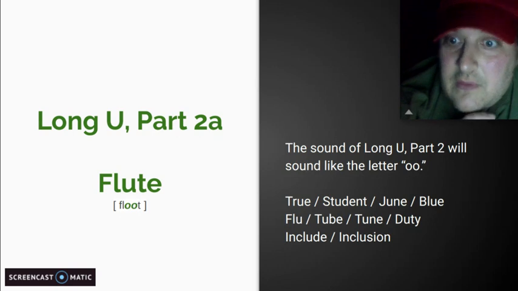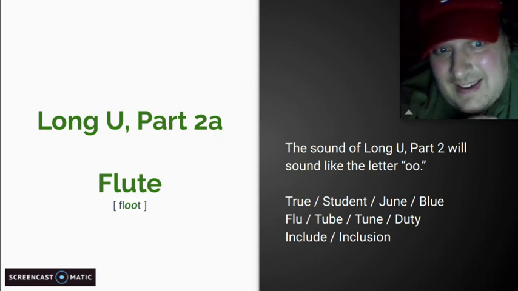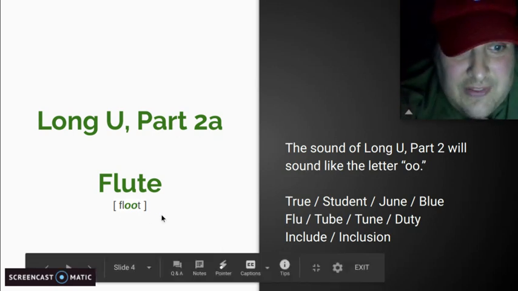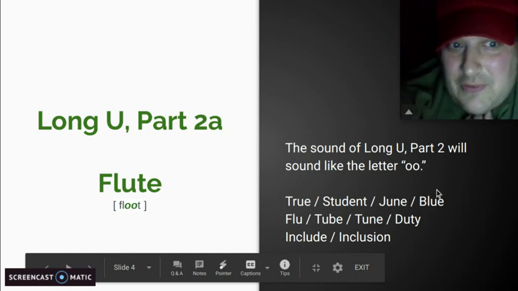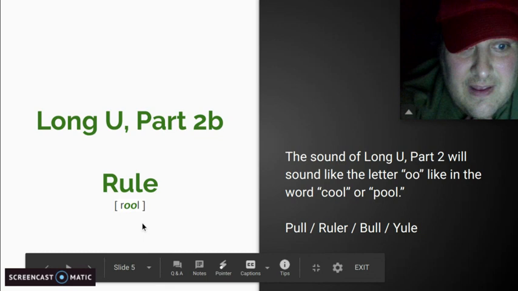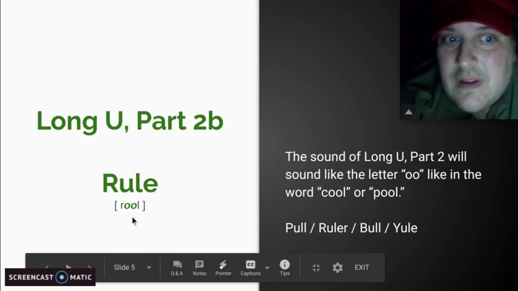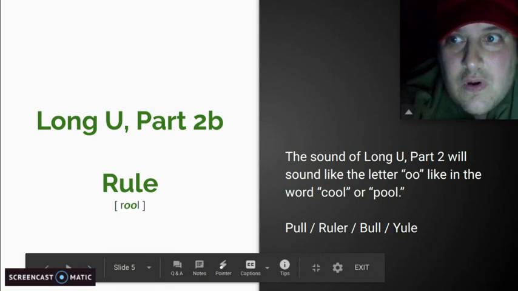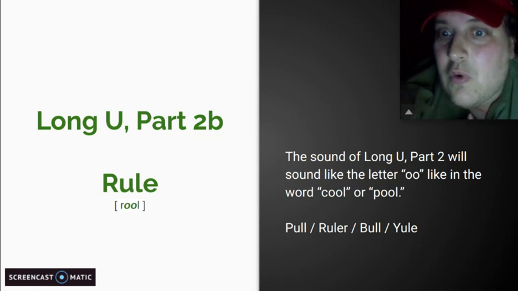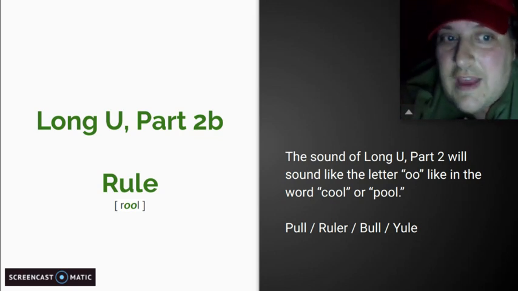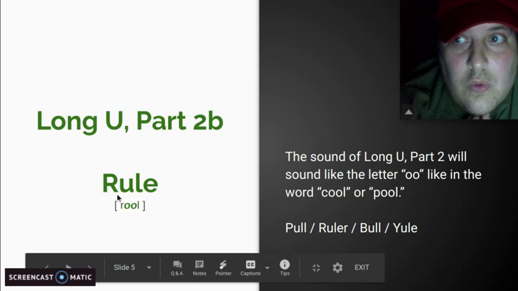Okay? So now, here's the thing. You may also see this double O for another long U sound, and that's here. But instead of ooh, it sounds like oh, okay? Like the word cool. He is a cool guy. He rules.